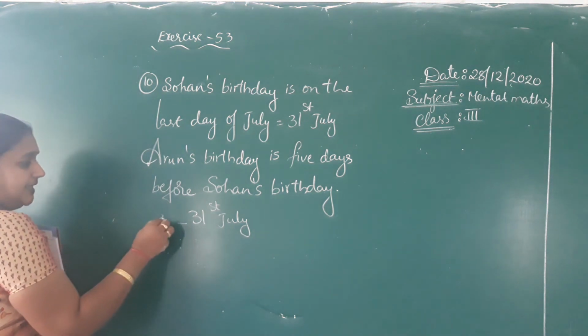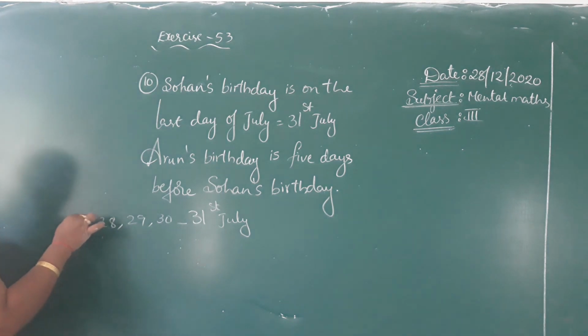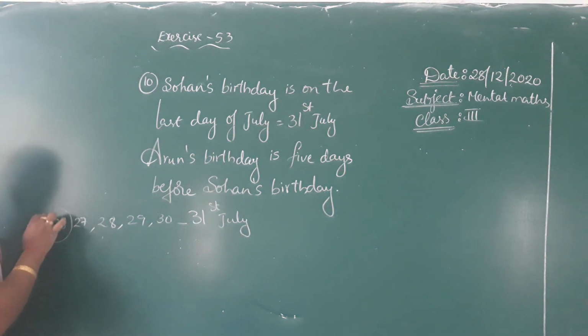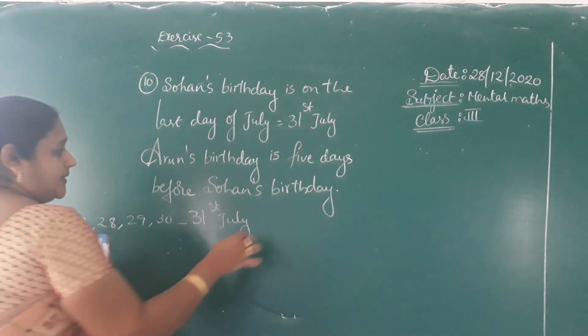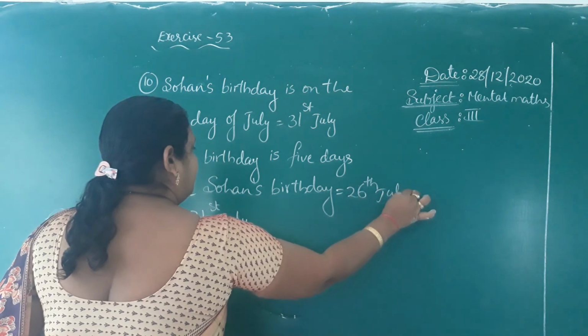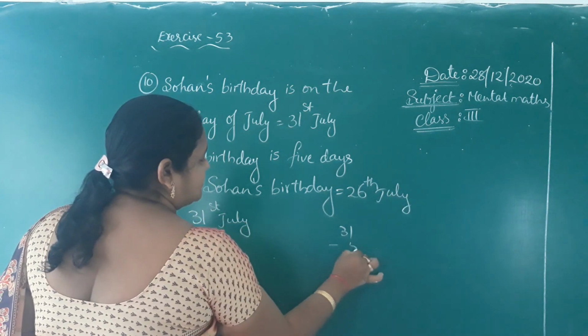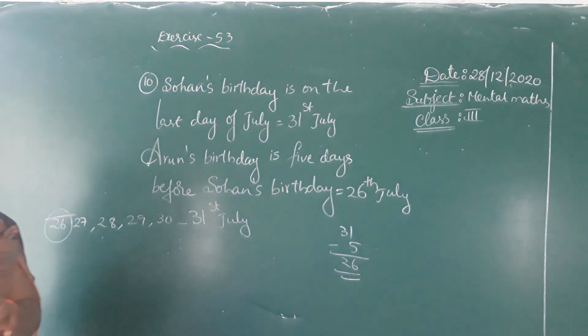That means 30, 29, 28, 27, 26. So the boy's birthday is on 26th July. Or else if you subtract 31 minus 5, you will get 26. So like that also you can write his birthday is on 26th July.